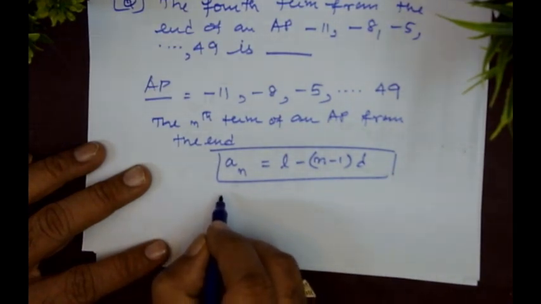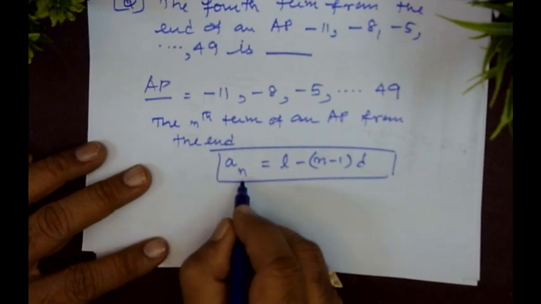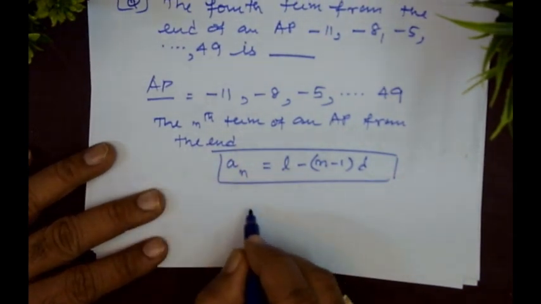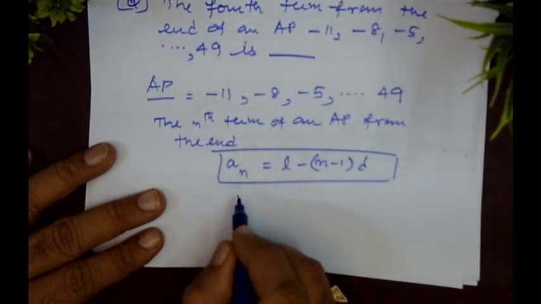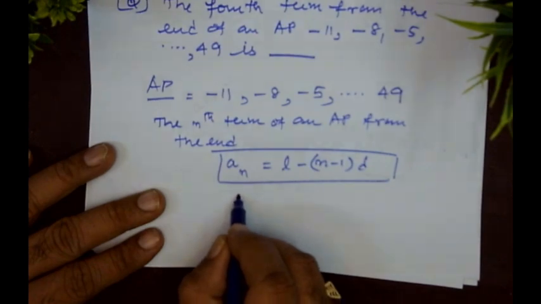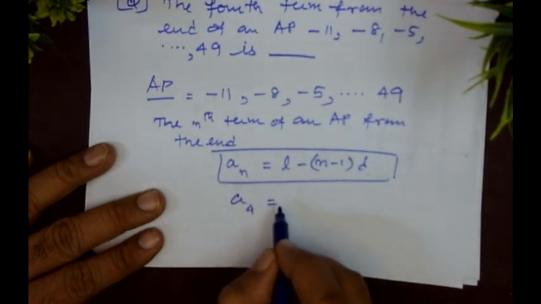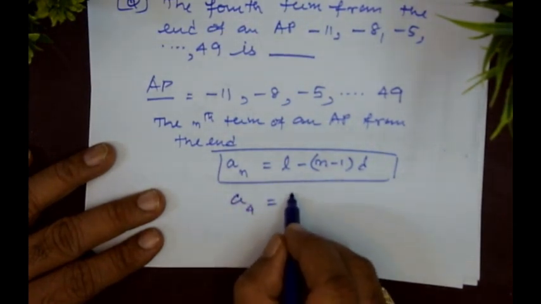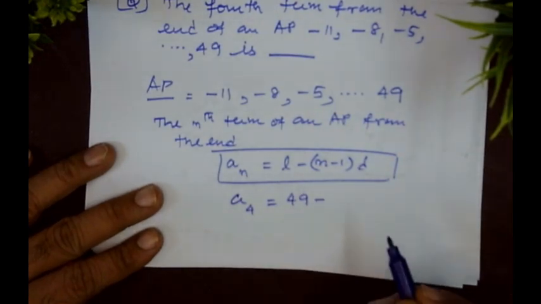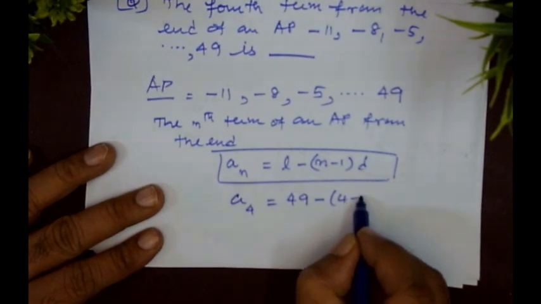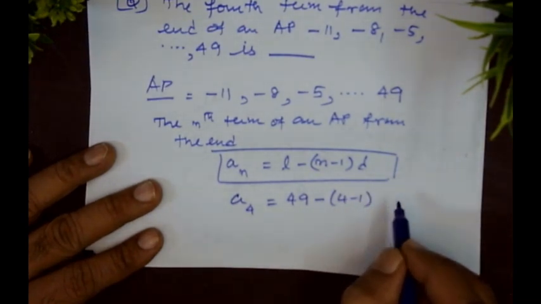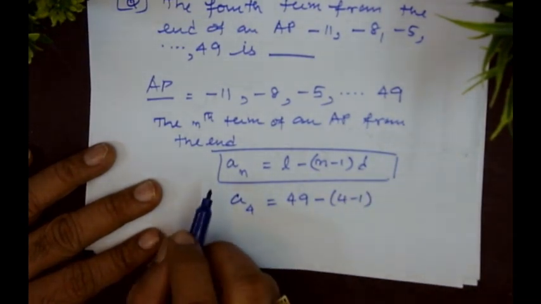Right? So what is an? The fourth term, n is equal to 4. So a4 is equal to l, the last term 49, minus n minus 1, that is 4 minus 1, 3, into the common difference.